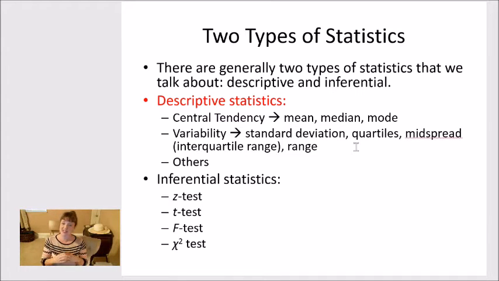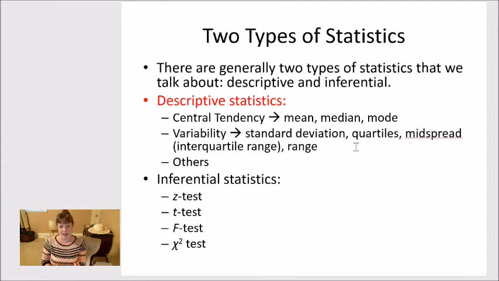So descriptive statistics describe one variable. They describe the nature of a single variable. What is a typical value on that variable? Mean, median, and mode. How spread out are the scores on that variable? Are the scores super tightly packed together, or are the scores super spread out? That is variability.